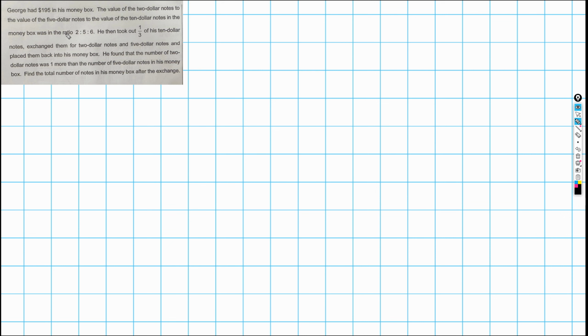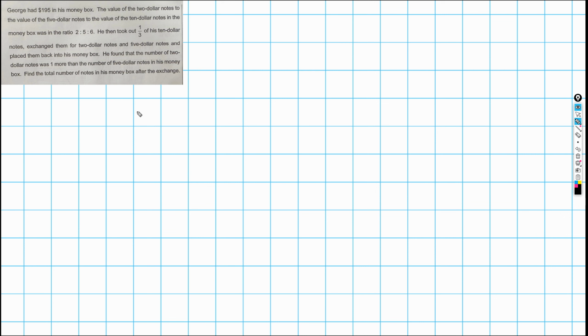This is the ratio of the value of the notes, but this also refers to the $2 notes, this refers to the $5 notes, and this refers to the $10 notes. We then move into talking about the number of notes. So there's considerable scope for going wrong here. But hopefully, if you keep checking your information and you draw it well and in a way that makes sense, then you will stay on track.